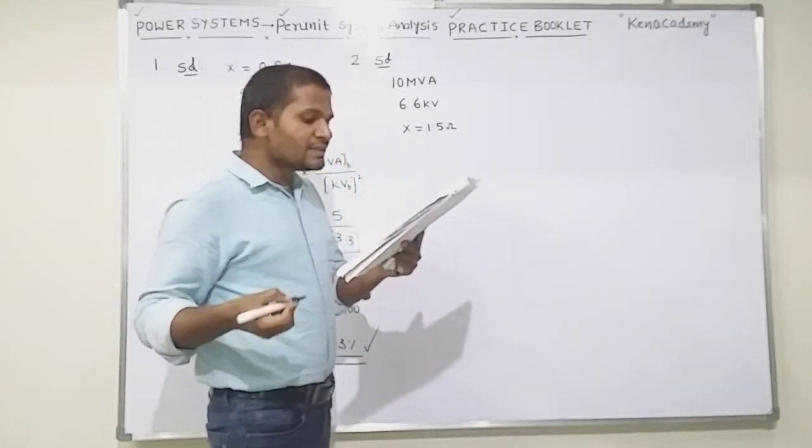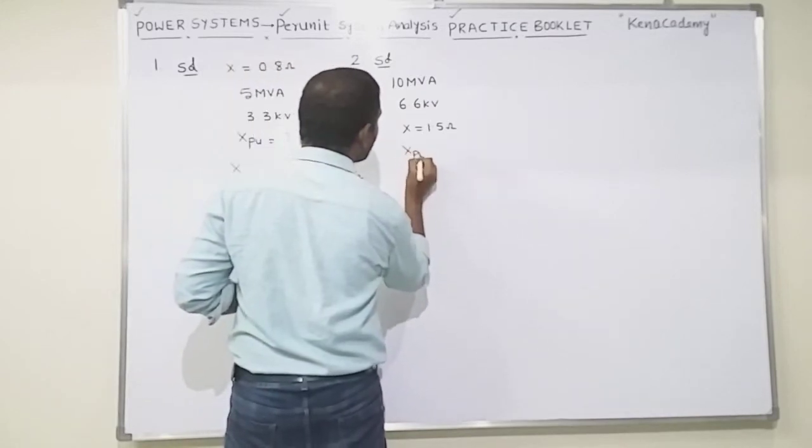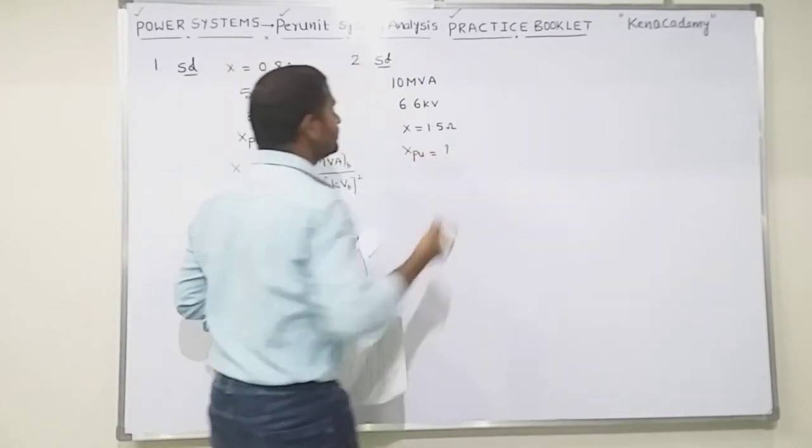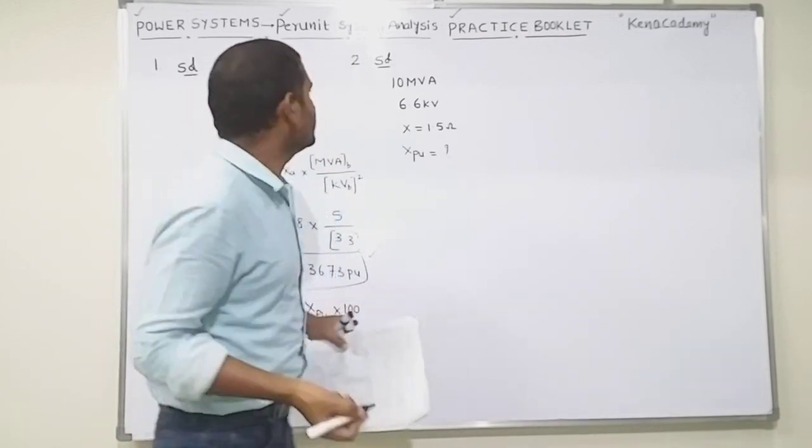The per unit reactance of the generator is dash. You want to find the per unit reactance of the generator.